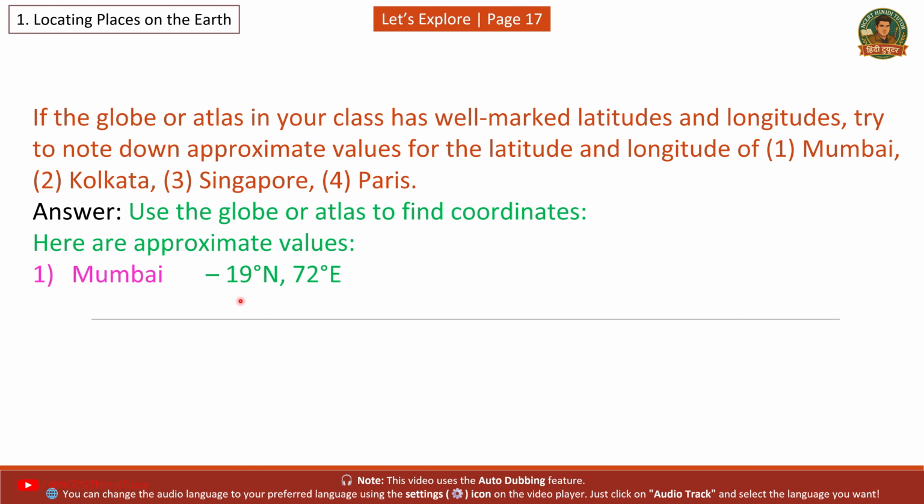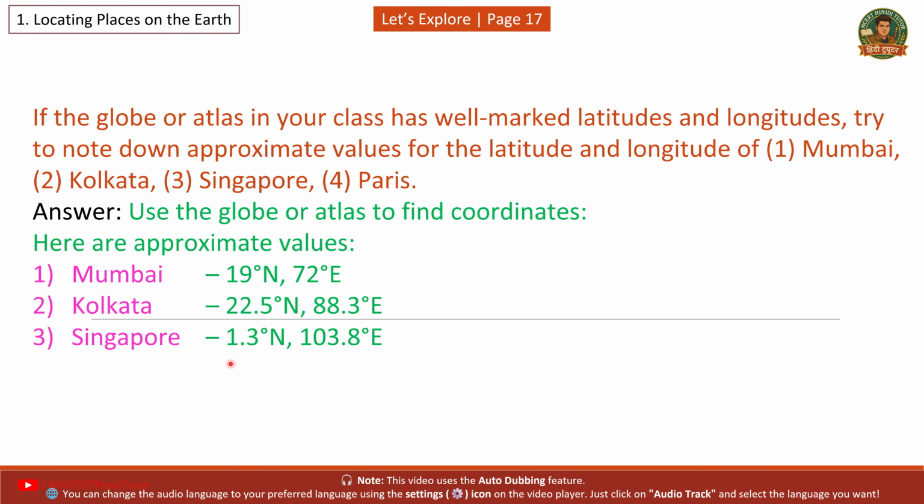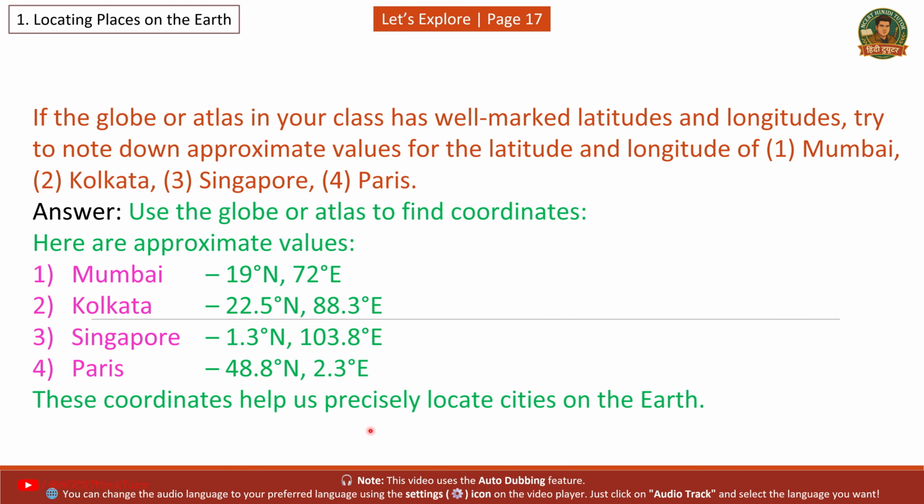First, Mumbai 19° north, 72° east. Second, Kolkata 22.5° north, 88.3° east. Third, Singapore 1.3° north, 103.8° east. Fourth, Paris 48.8° north, 2.3° east. These coordinates help us precisely locate cities on the earth.